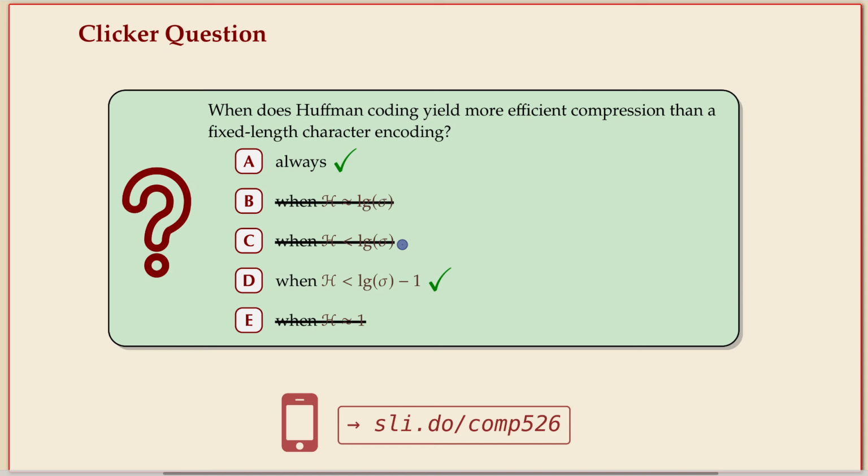And then we've seen the example with the fair die, where you had 6 outcomes and the entropy was log of 6. And the entropy is never bigger than that. But it could be close to 0. If the entropy is very close to log sigma, then Huffman codes won't help you that much. If the entropy is much, much smaller, say, for example, like this, then you definitely save with a Huffman code.